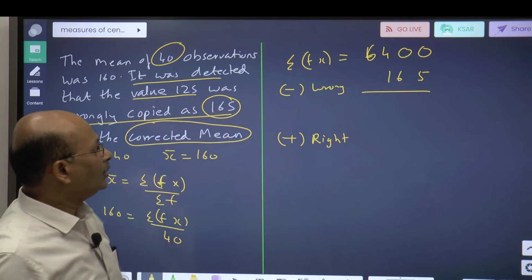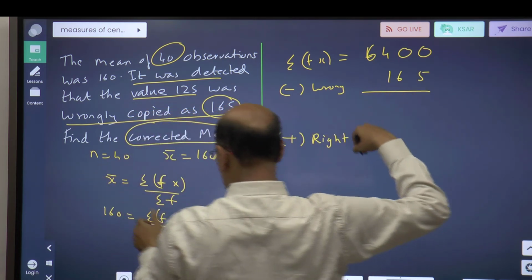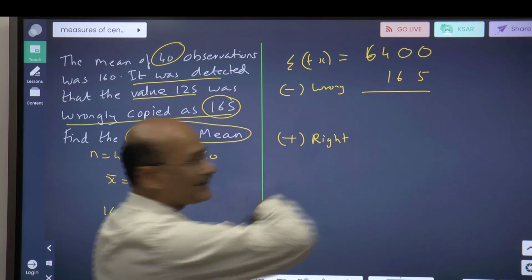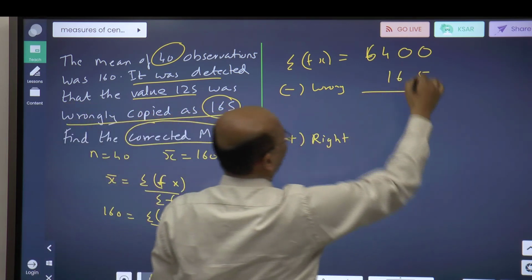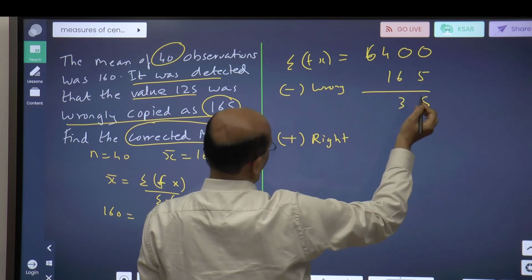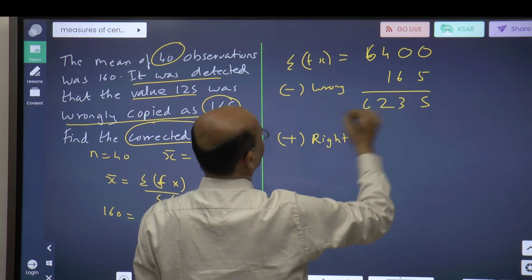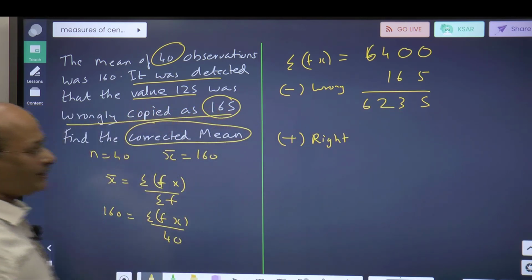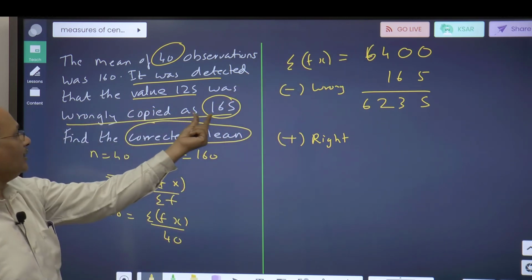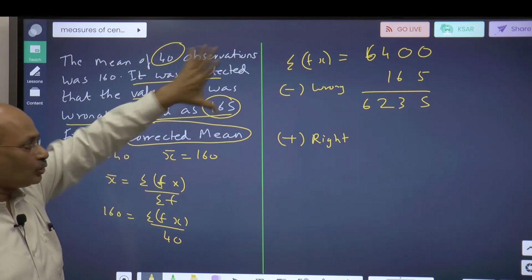If I subtract 165, it becomes very simple: 6400 minus 165 is 6235. Remember, from the total I removed the wrong data and add the right data, so that the total becomes correct.